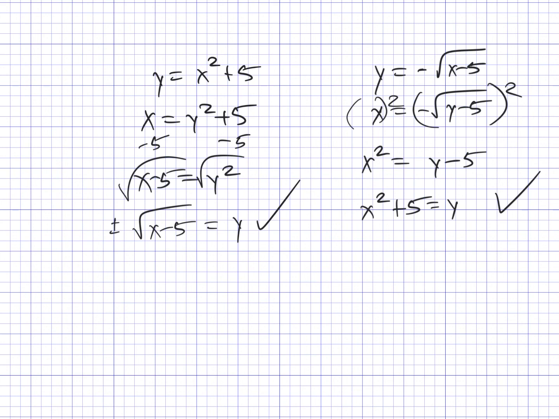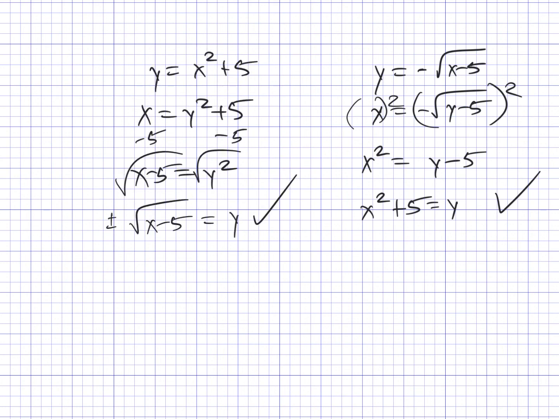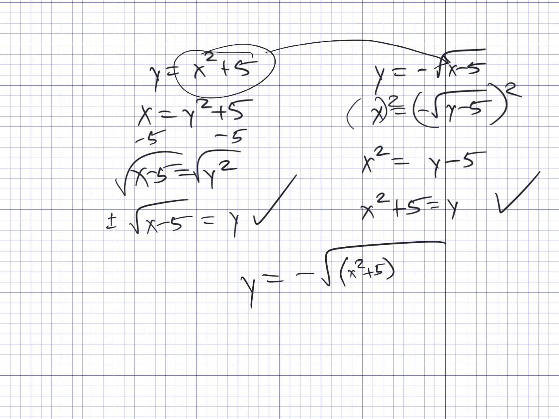The other way to do this is to plug this into the x. Usually you plug it in for y, right? But what happens when you do an inverse? X's and y's are switched. So that's why you plug it into the x of the other equation. So y equals negative square root of x squared plus 5 minus 5. We don't need the parentheses, right? There's nothing to distribute.